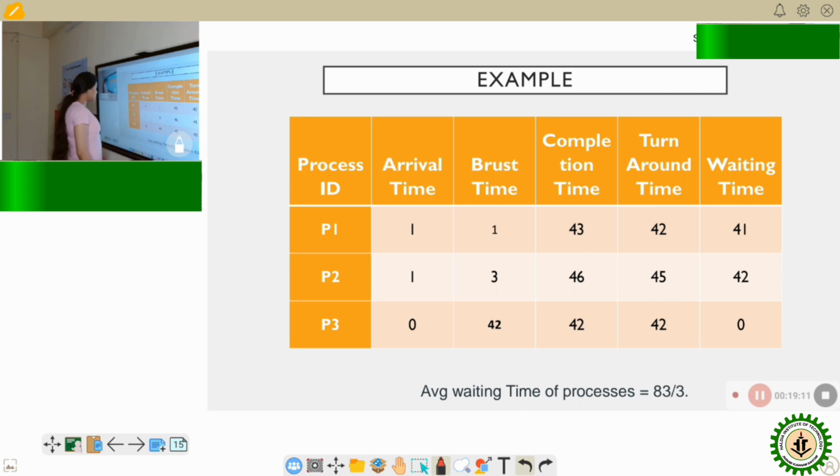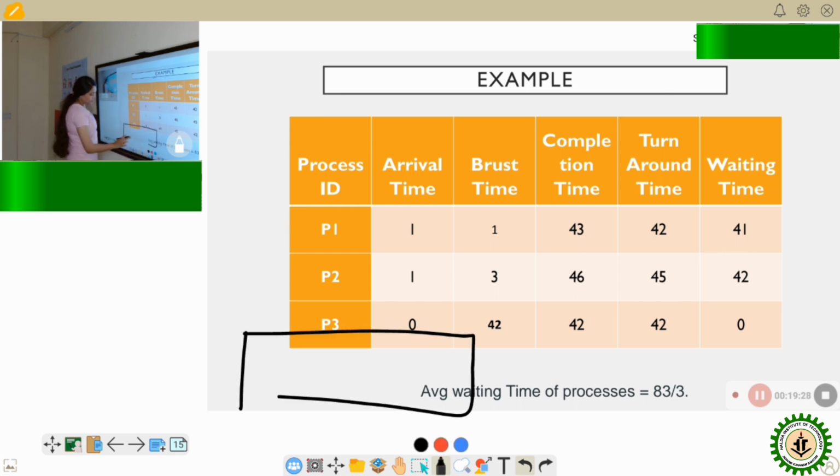I am explaining through an example. Suppose these are the arrival times for P1, P2, and P3, and these are the burst times.